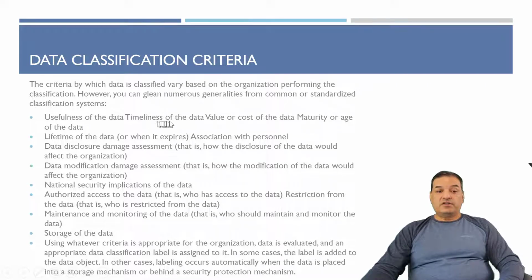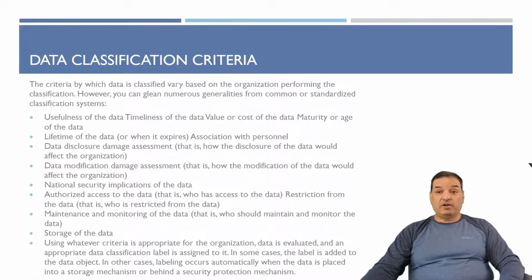So usefulness or timeliness of the data, value or cost of the data, maturity or age of the data, lifetime of the data or when it expires, association with personnel, data disclosure damage assessment, that is how the disclosure of the data would affect the organization, data modification damage assessment, if somebody modifies the data, how would it affect the organization, what are the national security implications of the data.